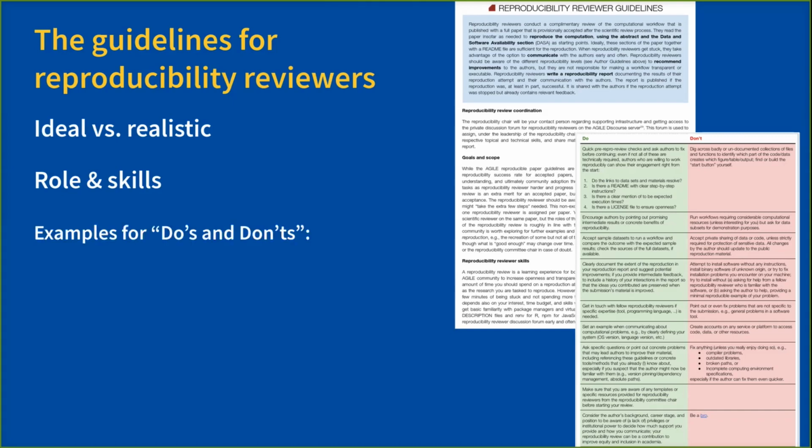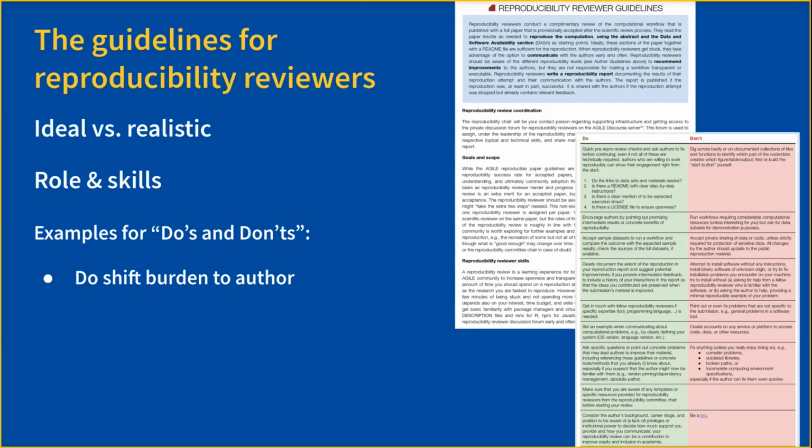Just a couple of examples of do's and don'ts for reproducibility reviewers: we do want to shift the burden to the author. If the author is not interested, we're saying, okay, then thank you. We hope next time you consider making your workflow a bit more reproducible.